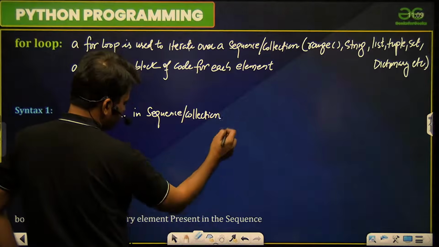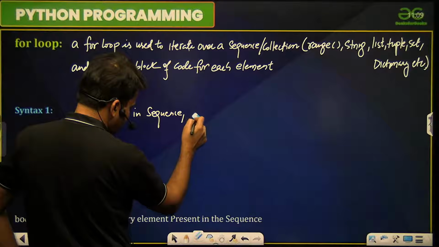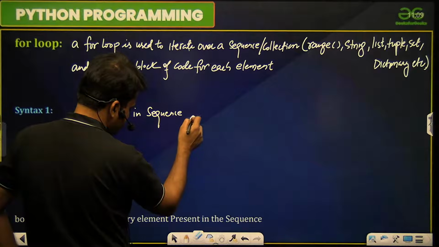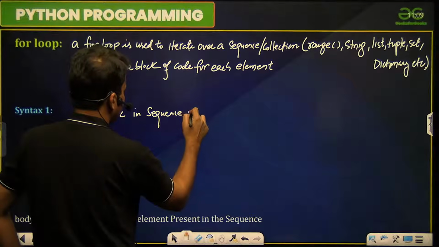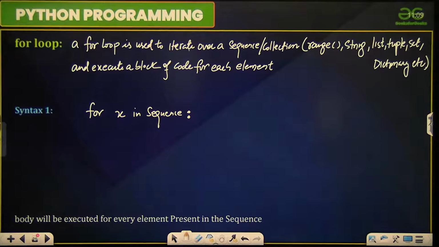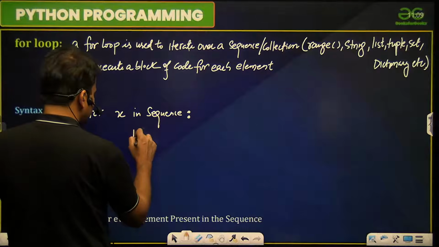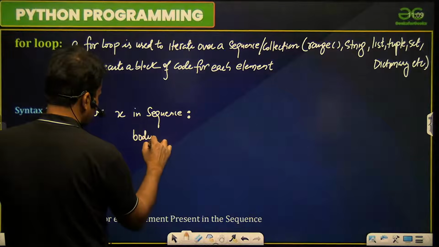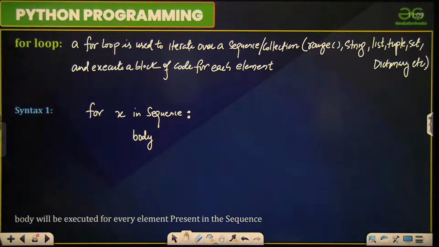Don't write both, just understand it is either sequence or collection here. Then the body will be executed for every element present in this sequence. So this is the body of this for loop.